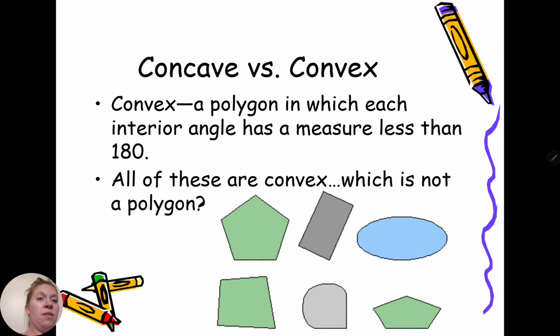So this would be convex. None of these angles are bigger than 180 degrees. This, again, would be convex. This would be convex.